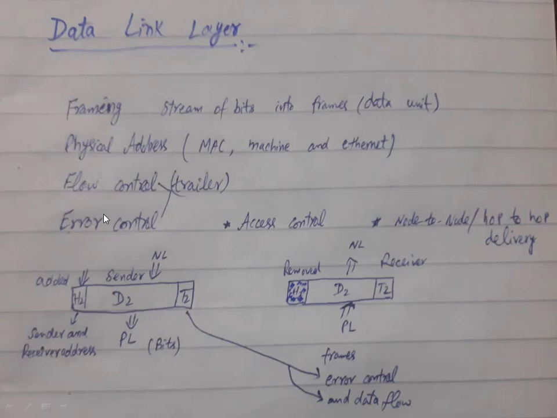These two, flow control and error control, are handled by the trailer. And the next one is access control, which also comes at the data link layer. Next one is node to node or hop to hop delivery. At the data link layer, the delivery of the data will be node to node or hop to hop.